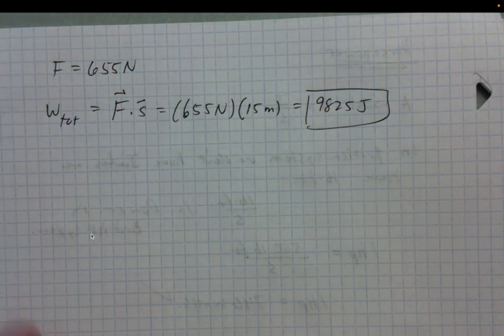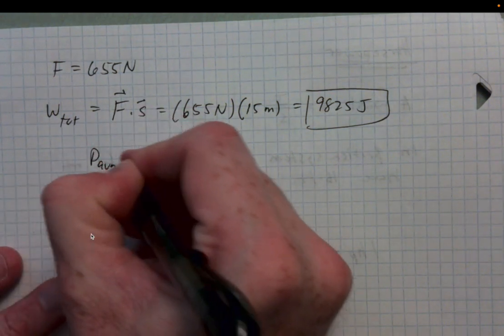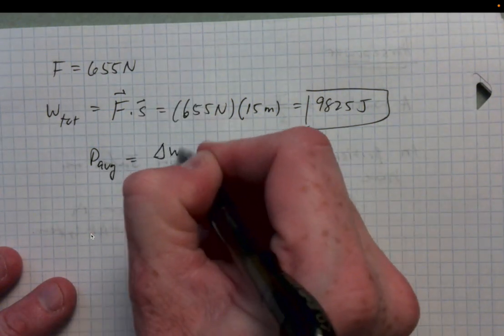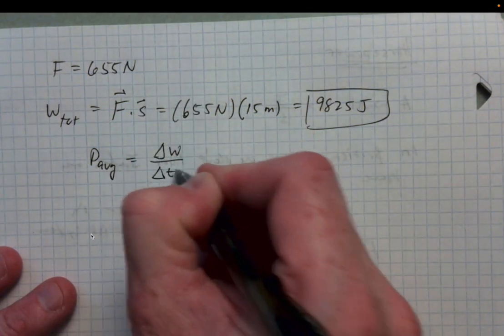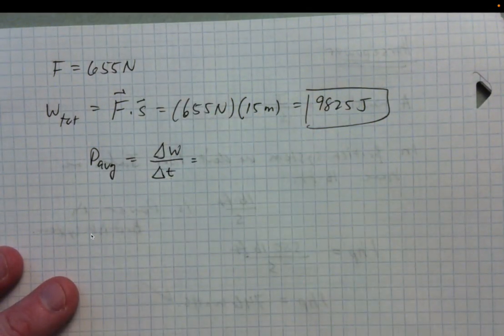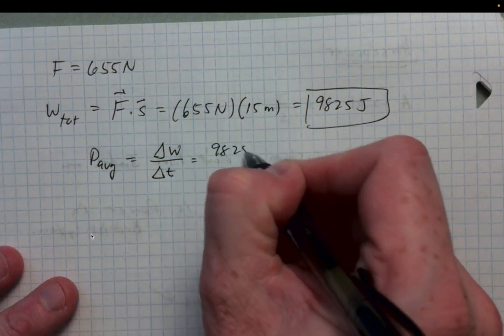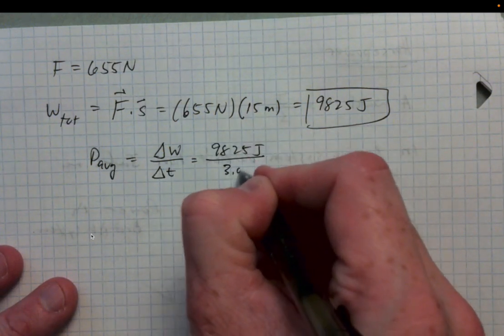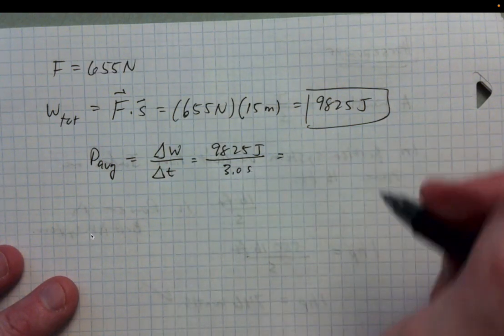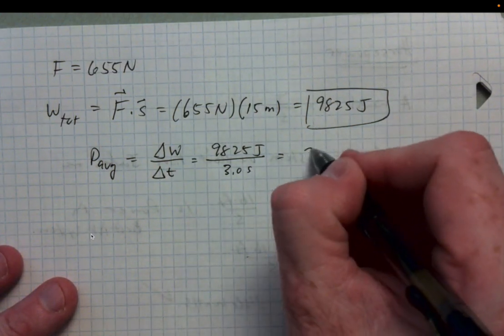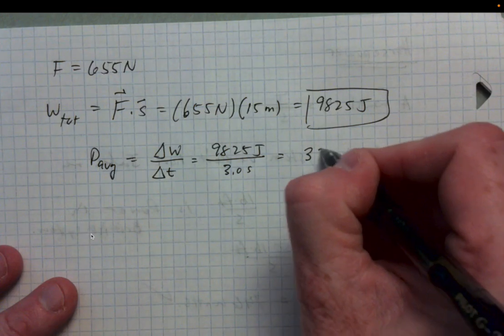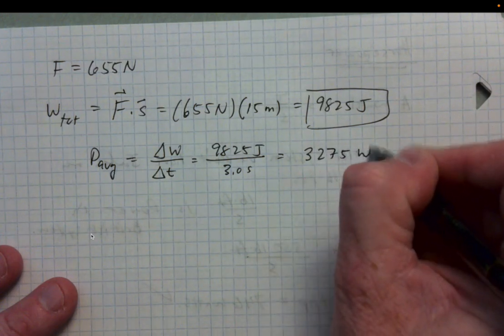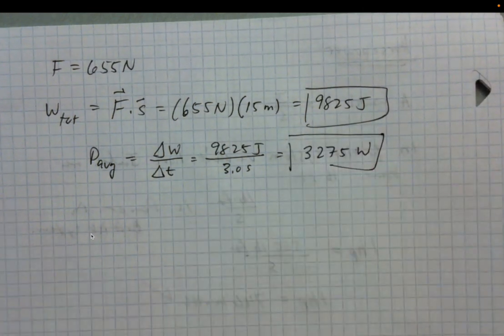That's very simple, isn't it? The average power is just the change in the work divided by the change in the time. In this case, 9825 joules is accomplished in 3 seconds, and so the average power is 3,275 watts.